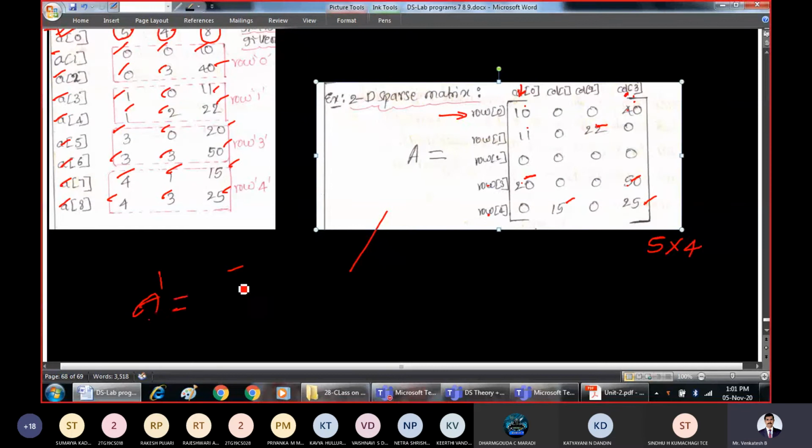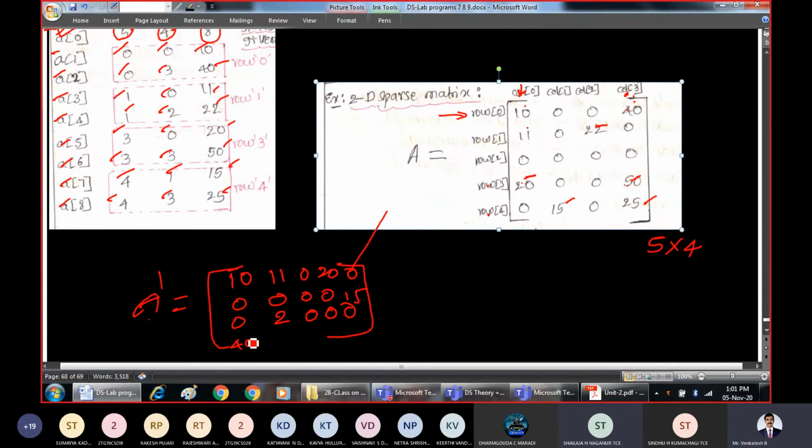So what is A transpose? A dash. Find A dash, then write the triplet representation. When you transpose this, what happens? This becomes something like this: 10, 11, 0, 20, 0. Then 0, 0, 1, 2, 0, 15. Then 0, 2, 0. Then 40.